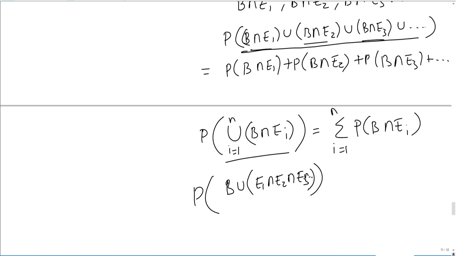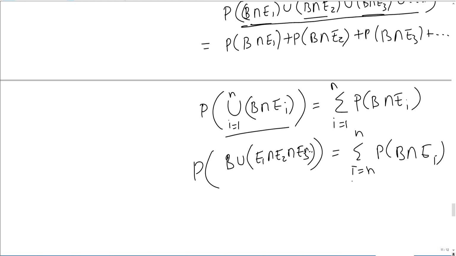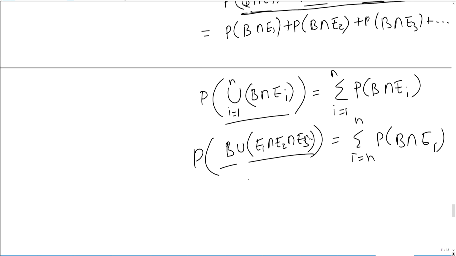So, I have written the same term like this. Left hand side I will keep it same, basically summation of B intersection Ei. On the right hand side you have this. Okay. What would be intersection of E1, E2, E3 and En? Intersection of all these events?